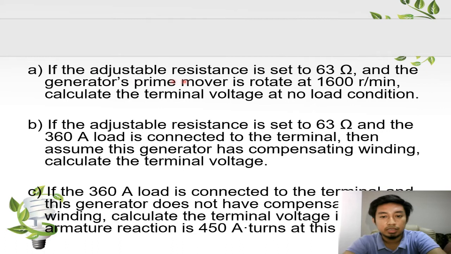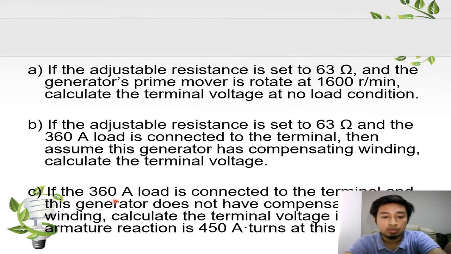Okay, if the adjustable resistance is set to 63 ohm and the generator's prime mover rotates at 1600 rotations per minute, calculate the terminal voltage at the no load condition. If the adjustable resistance is set to 63 ohm and a 360 ohm load is connected to the terminal, and assume the generator has compensating winding to avoid armature reaction, calculate the terminal voltage.